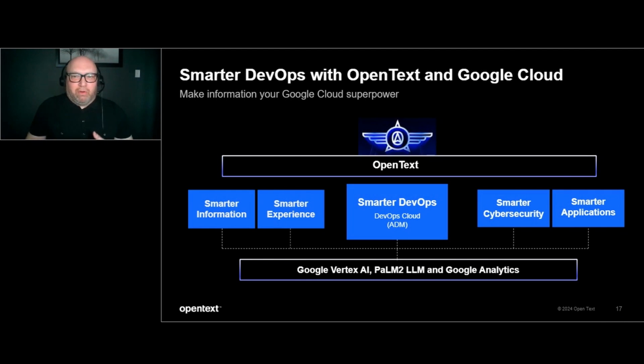Embedding AI across our portfolio makes our solutions smarter so that our customers can gain the information advantage by combining predictive analytics, conversational AI-led search, and generative AI. And with the use of Google Vertex AI, PaLM 2 LLM, and Google Analytics, our portfolio provides smarter information, smarter experience, smarter cybersecurity, smarter applications, and of course, smarter DevOps.